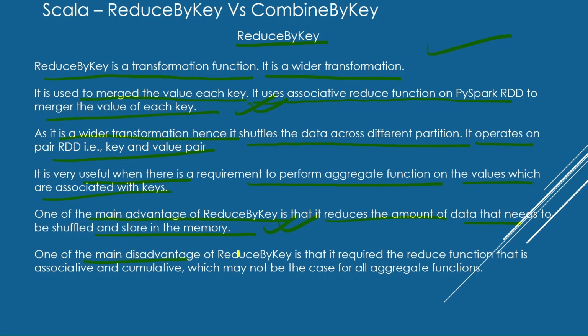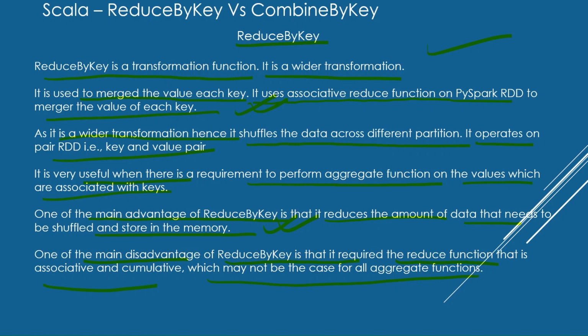One of the main disadvantages of reduceByKey is that it requires a reduction function that is associative and commutative, which may not be the case for all aggregation functions. Suppose we are going to use mean, max, sum, count. Those are associative and commutative functions, which can be achieved if you want to perform over a set of data with the help of reduceByKey.